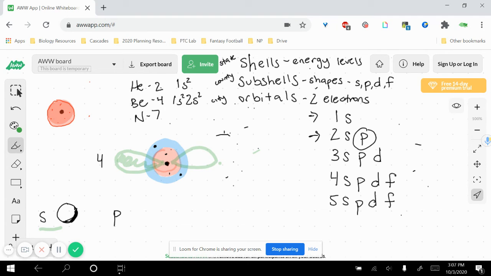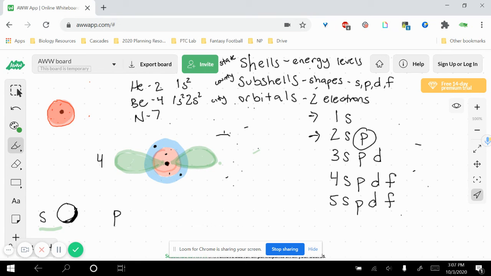Instead of those spheres, they have these lobes, pinched off in the middle. And the cool thing about the P orbitals is that there are 3 of them. For the S orbital, there's just 1 sphere, but for the P orbital, we have 3 different versions.